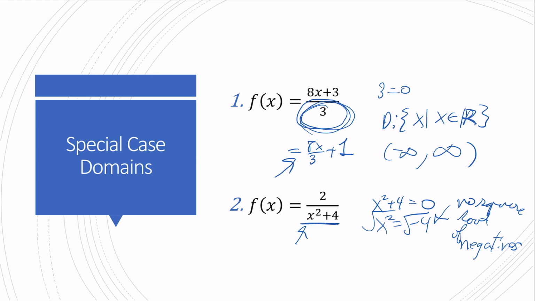So this also has a domain of all real numbers, which we can also write as negative infinity to positive infinity.